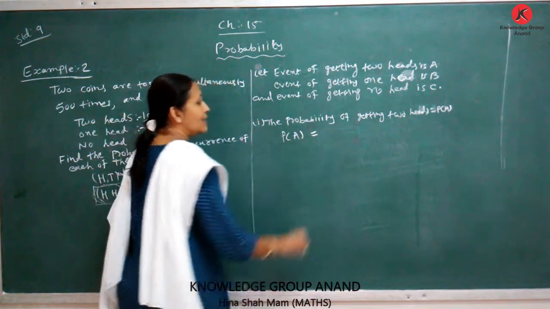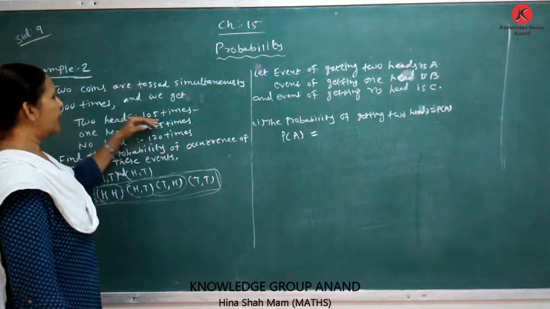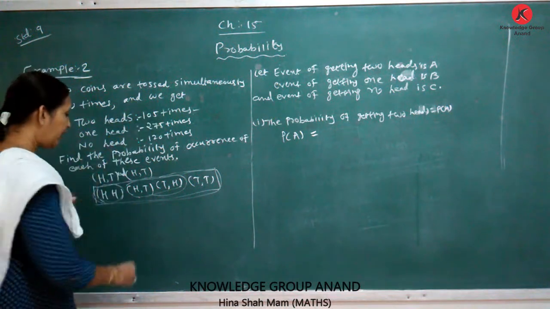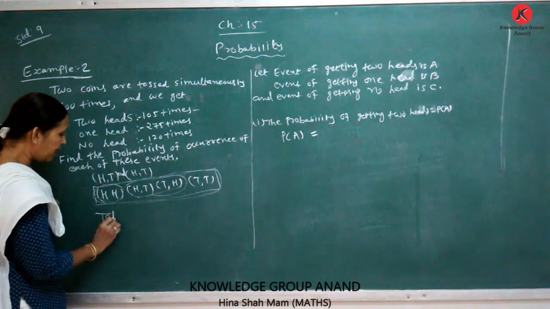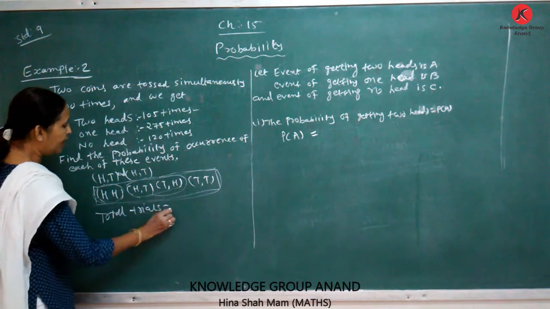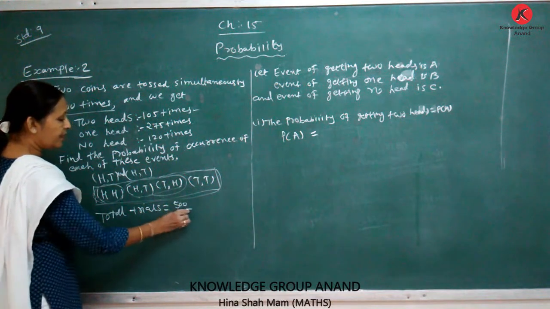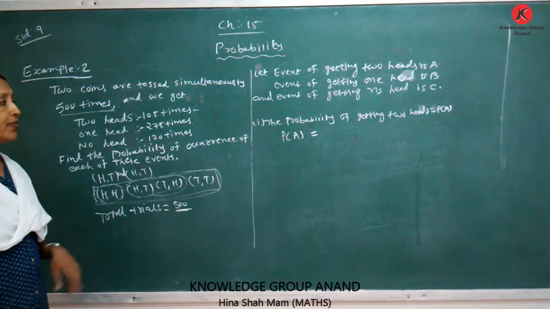Therefore P(A) is equal to getting heads 105 times, upon total trials 500.